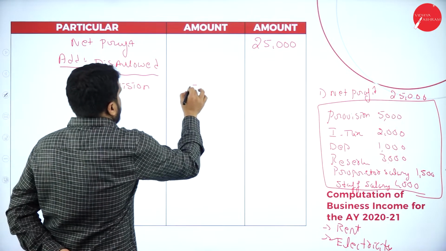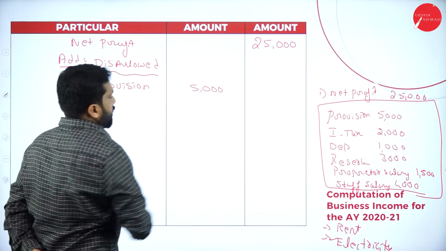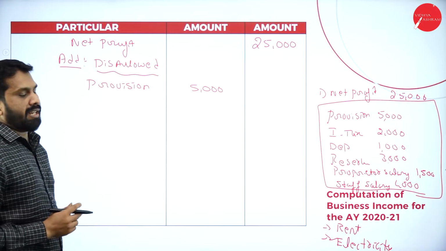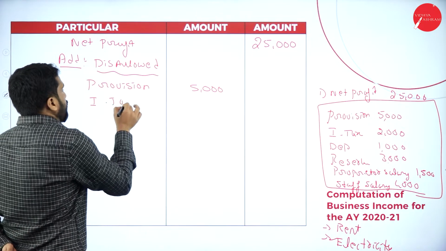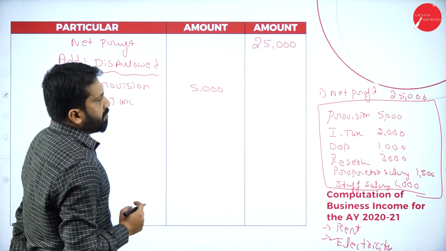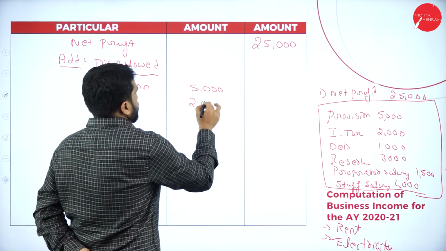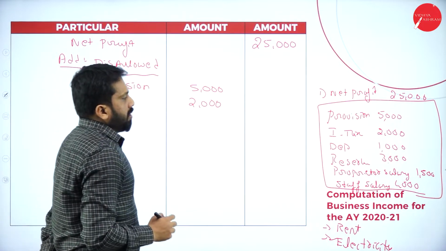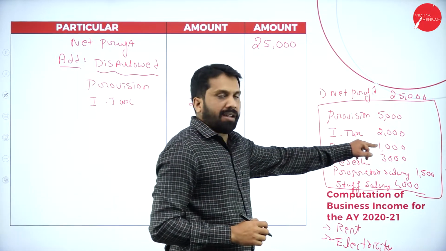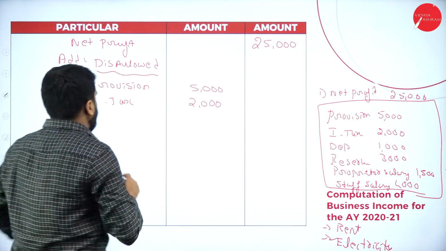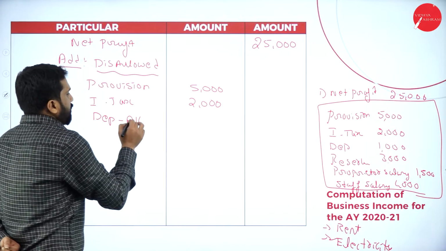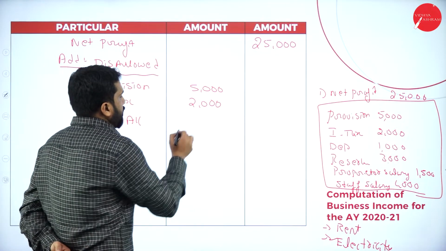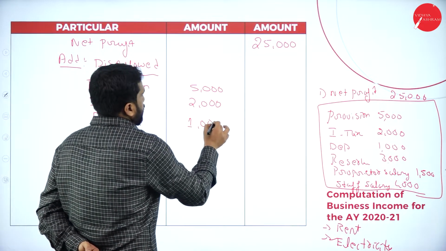Provision, it is 5,000. Then income tax is a disallowed item. Right? Income tax is how much? 2,000. Next, your depreciation as per accounting is a disallowed item, and it is 1,000.